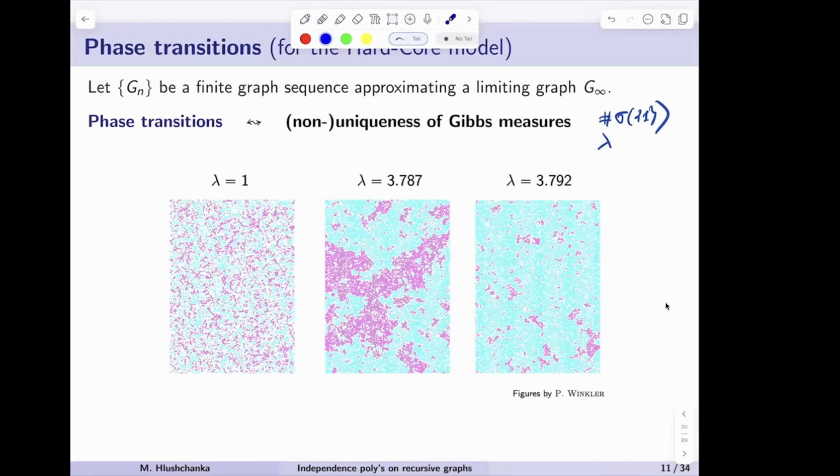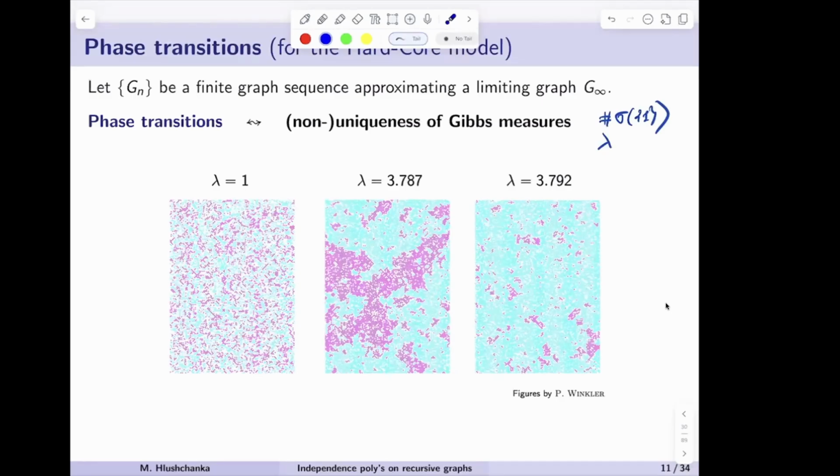You could either pick all the red vertices or all the blue vertices, and this corresponds to the non-uniqueness of the Gibbs measure. So there are two different measures that respect conditioning on finite portions of the graph. This is one way to introduce phase transitions in terms of the behavior of the distributions for these limiting models.